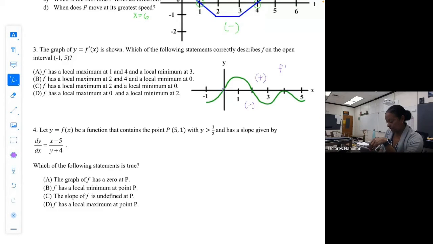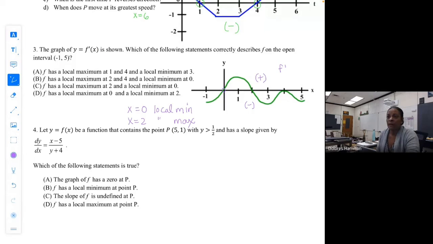So I know that x equals 0 is a local min because my graph goes from negative to positive. When my graph goes from positive to negative, that's a local max. Where on that derivative graph do we go from positive to negative? At x equals 2. So I have a max at x equals 2.